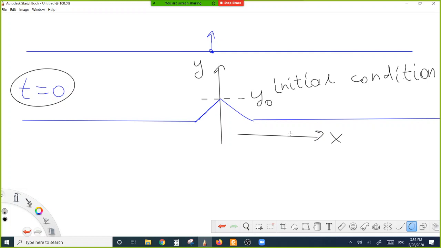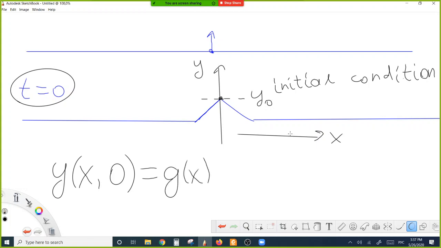We create a disturbance, for example, by plucking the string at some point. So this gives an initial condition where y(x, 0) is equal to some g(x) plus f(x).